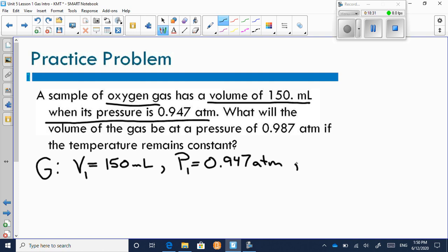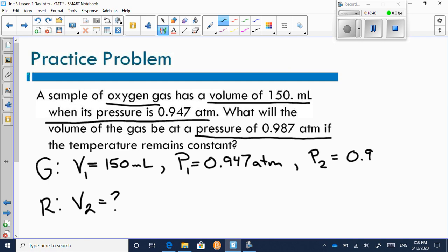But I'm also given, it says what will the volume be? So my required is going to be my V2, my question mark. What will the volume of the gas be if the pressure is now changed to this? So I've got a new pressure. P2 is 0.987 atm.